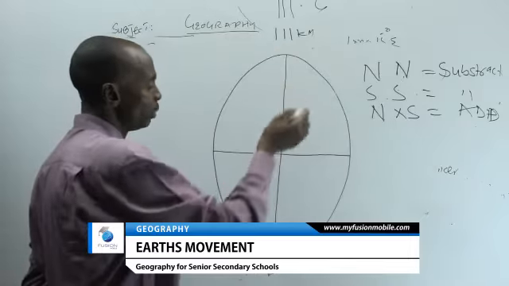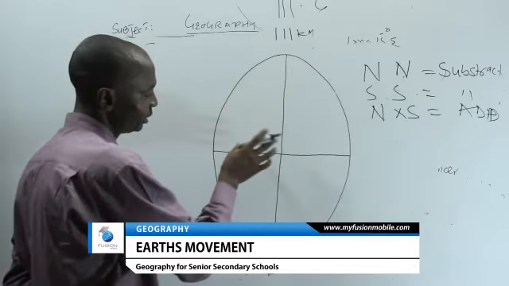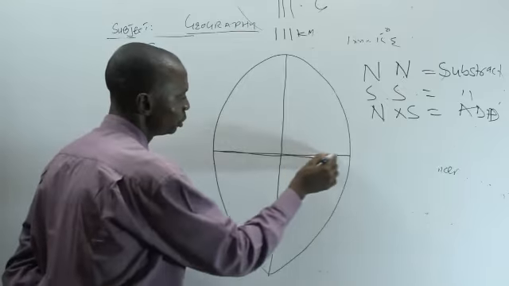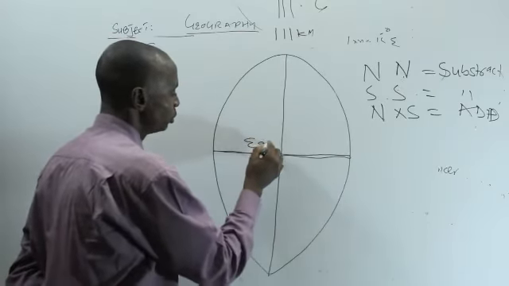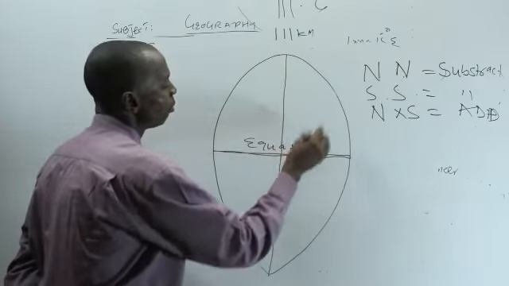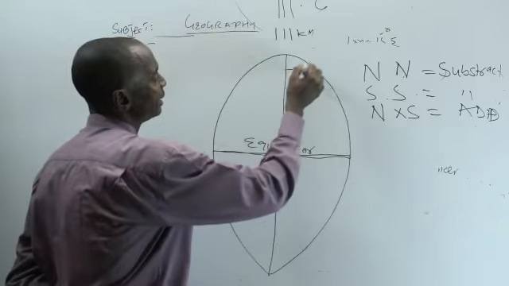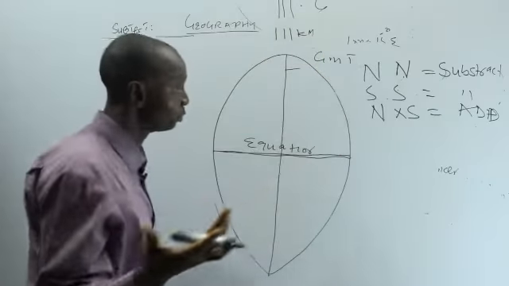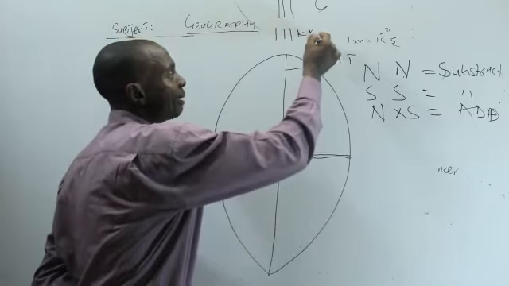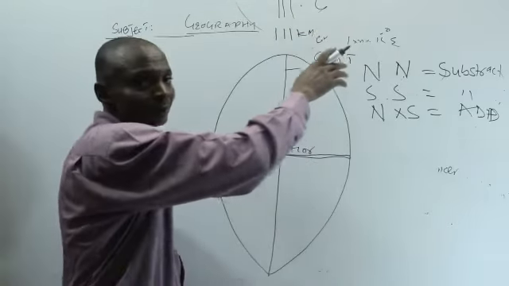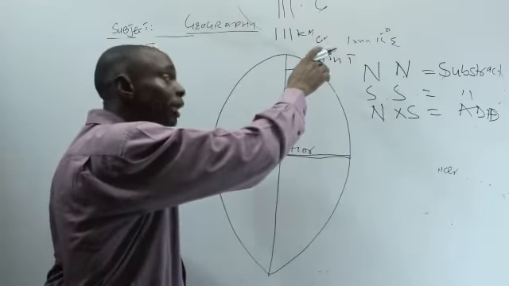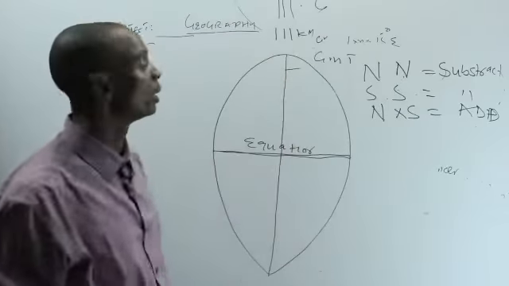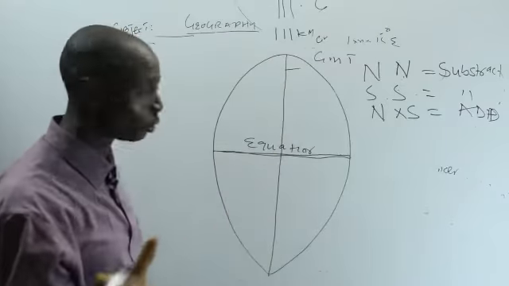When I was explaining these 2 lines, we have the equator. We call it the equator. Then here we call it GMT. Some people call it Greenwich Meridian Time, but others call it Greenwich Mean Time. Any of the 2 is correct.